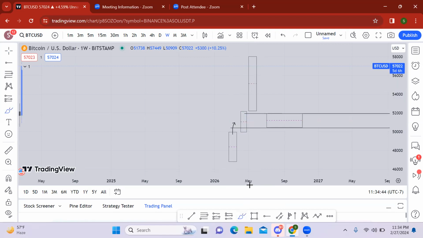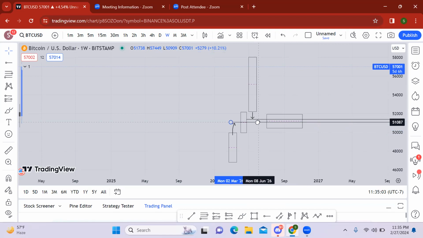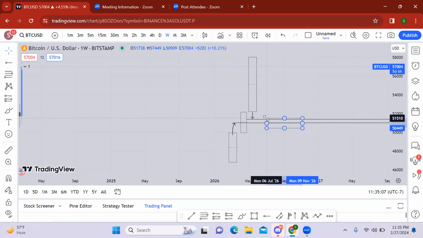Again, the third candle is created, buyers came in and dragged the price up, but sellers are also here, and a small wick is created here. So you catch this wick and this wick. That zone will be your imbalance zone. This one.